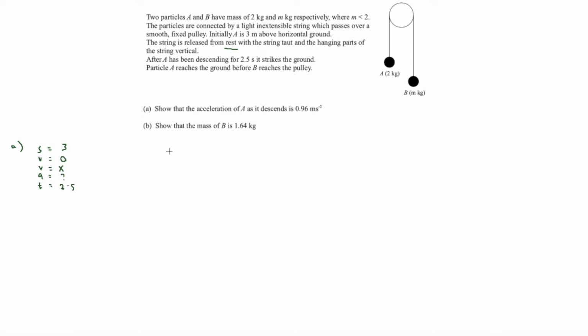So therefore, without v, the SUVAT equation that we will be using is s equals ut plus half at squared.